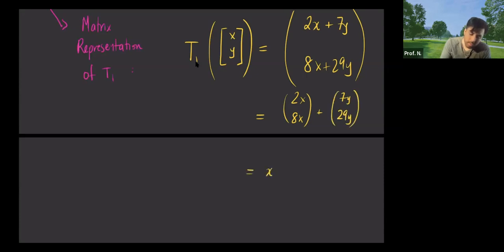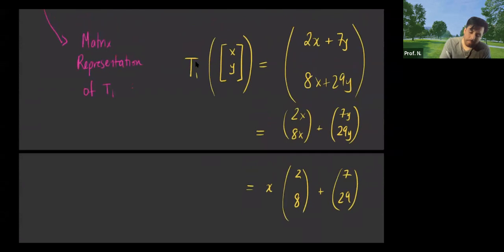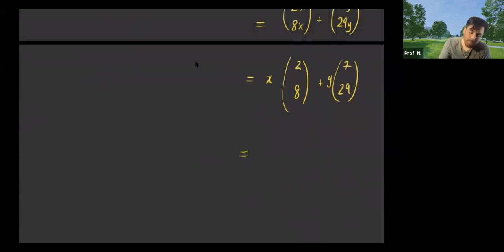Then you can treat this as a linear combination of the columns. So you could treat this as the matrix with columns (2, 8) and (7, 29) times the vector (x, y).